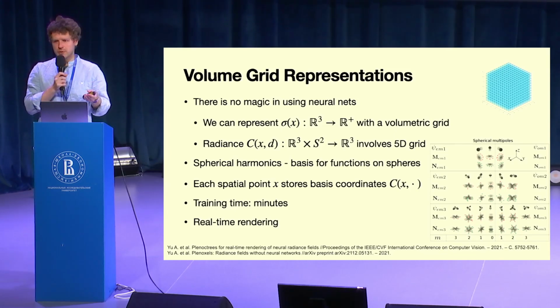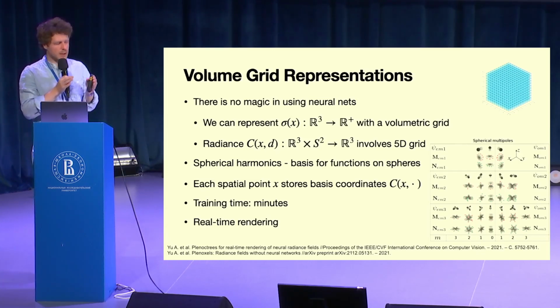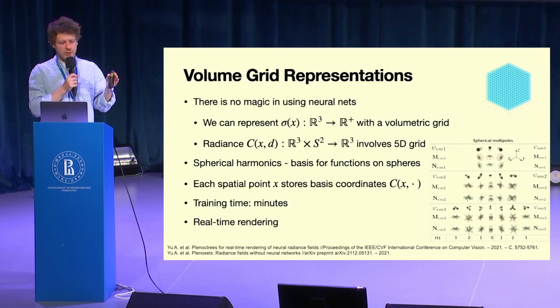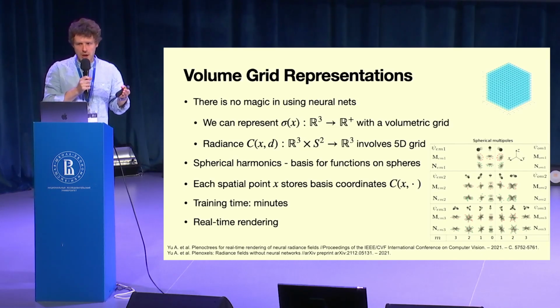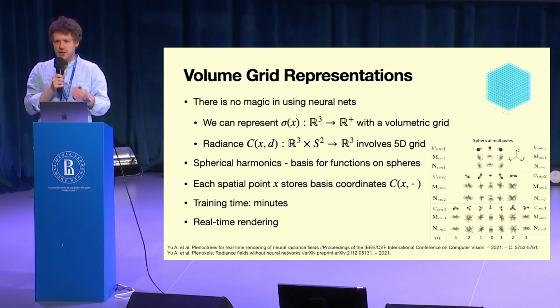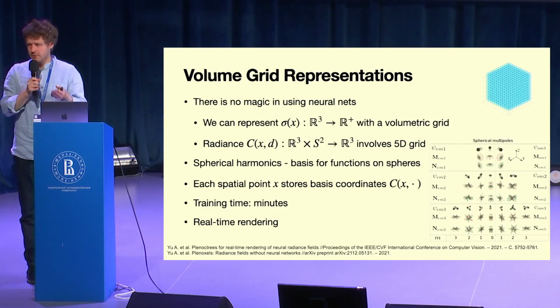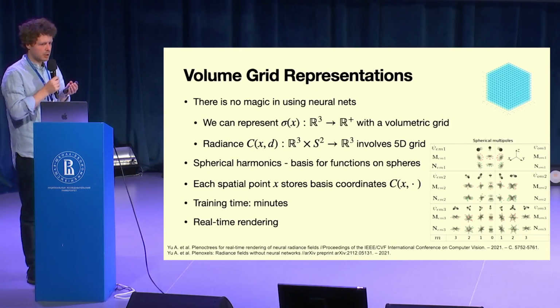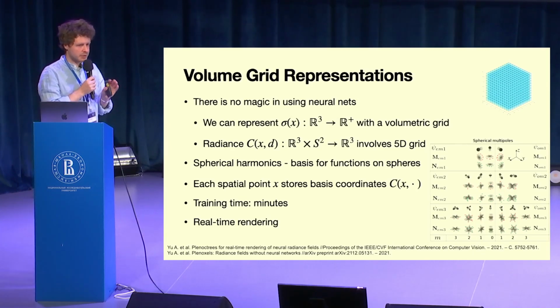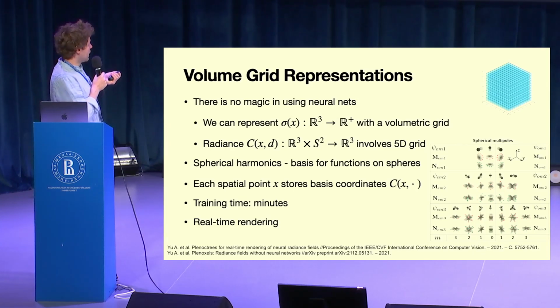And if we want a five-dimensional grid with the same granularity as our volumetric grid, we would have to use not dozens of megabytes, but dozens of gigabytes, which is not feasible for modern technology, but there's a nice workaround.